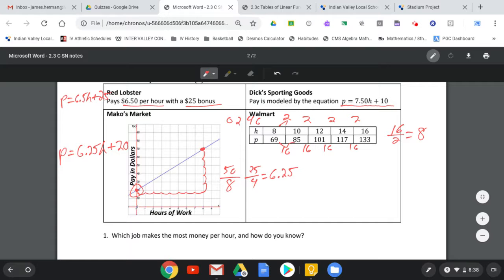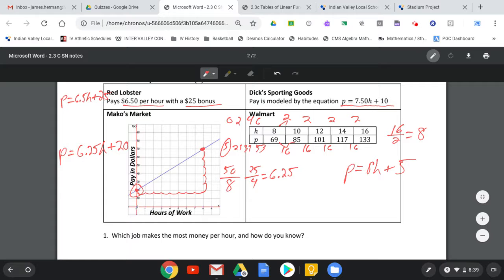So 69 minus 16. 53 minus 16. 37 minus 16. 21 minus 16 is 5. There's my initial value. So Walmart is P equals 8H plus 5.